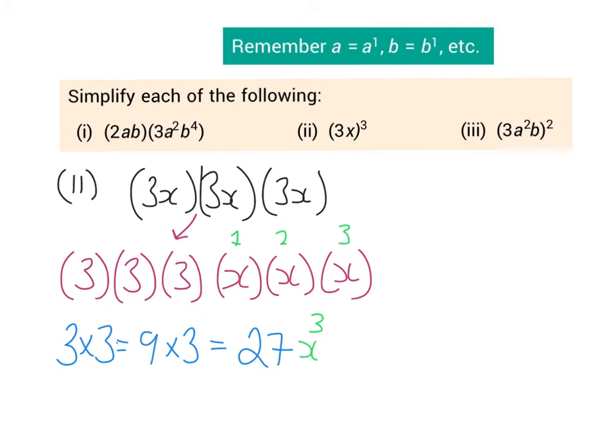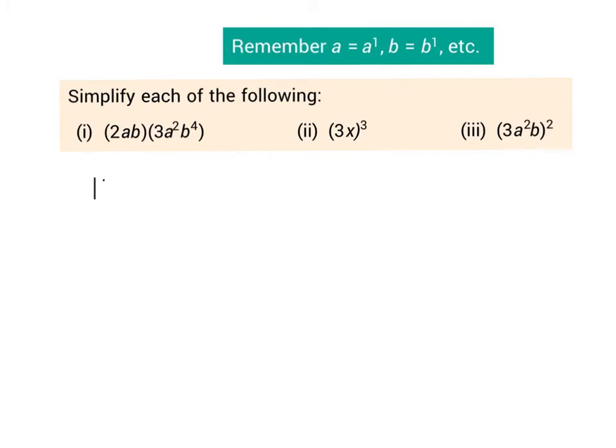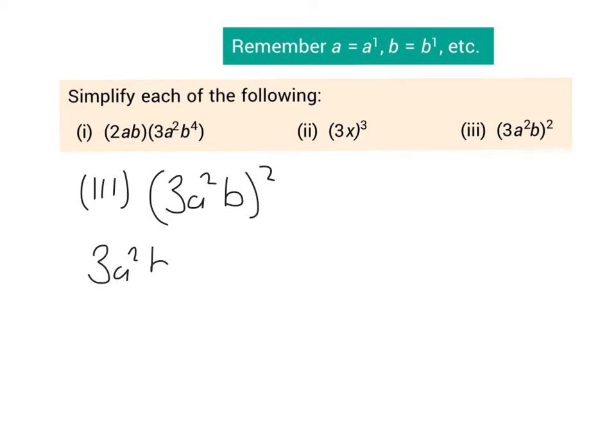And to answer part 3 of multiplying terms, we have 3a squared b, and that's 2b squared. So we write the bracket out twice. We have 3a squared b and 3a squared b.